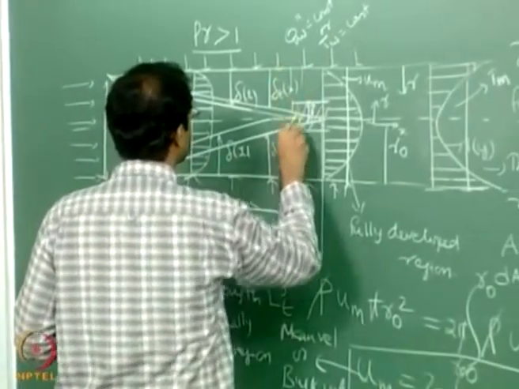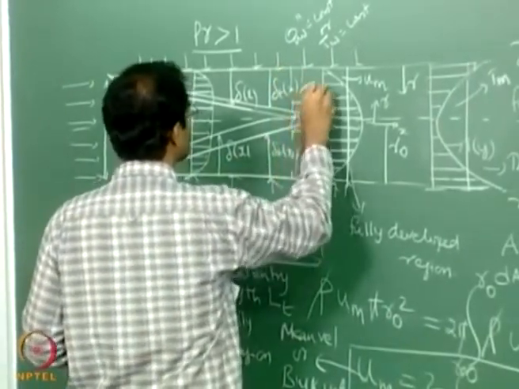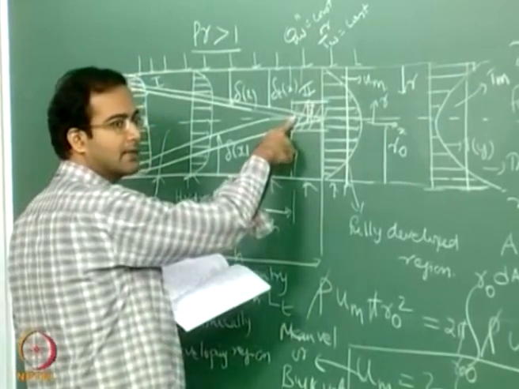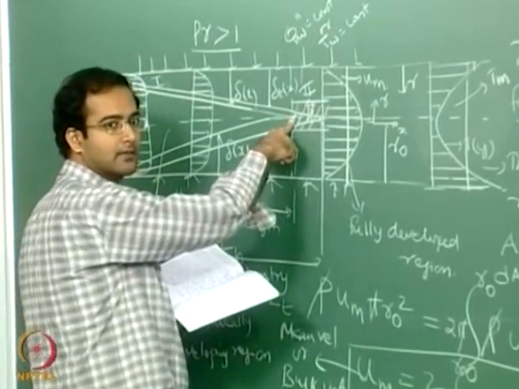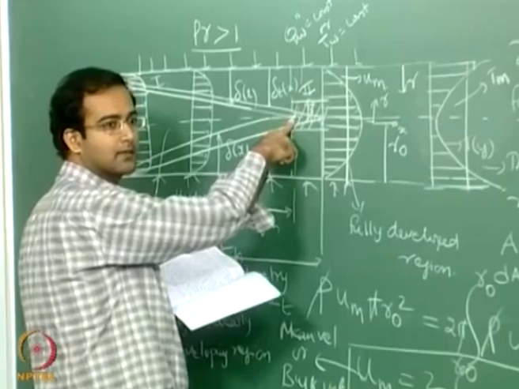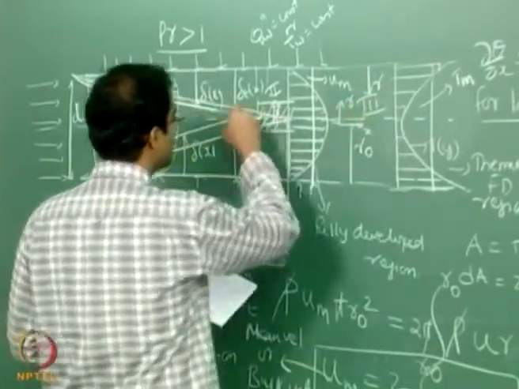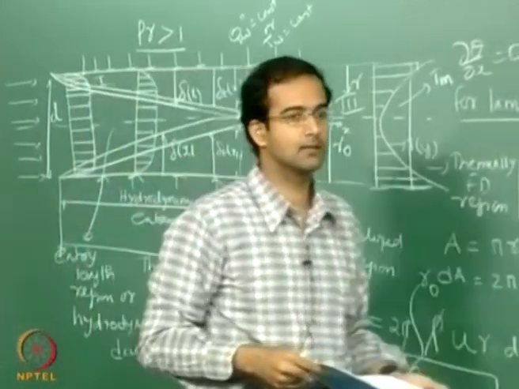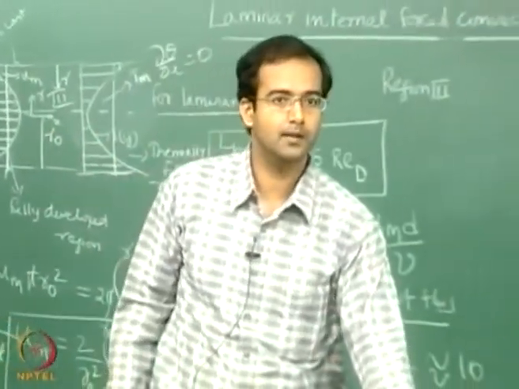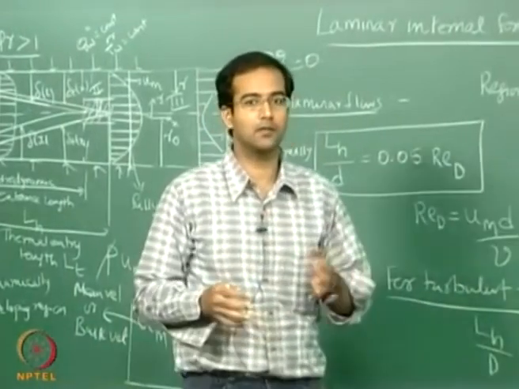This is your region 2, where your velocity hydrodynamically has developed, but your thermal development is still underway. Now this is your region 3, where both the boundary layers have merged and both the hydrodynamic and thermal boundary layers are fully developed.